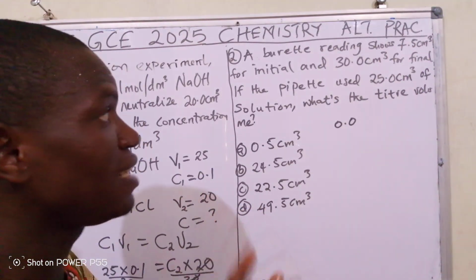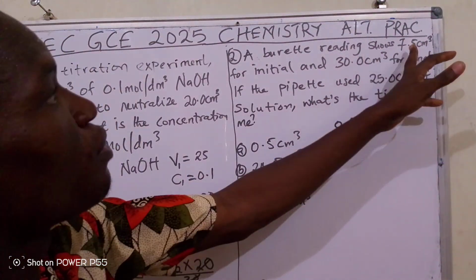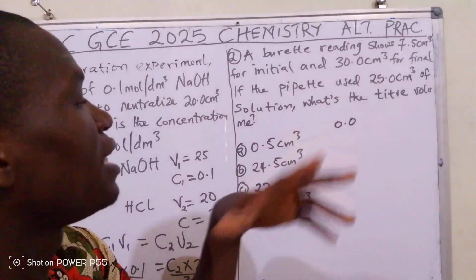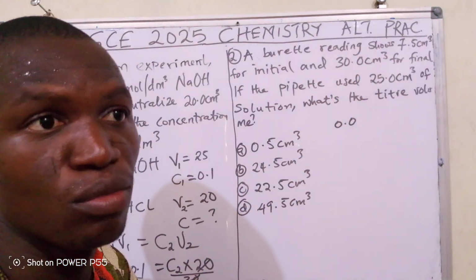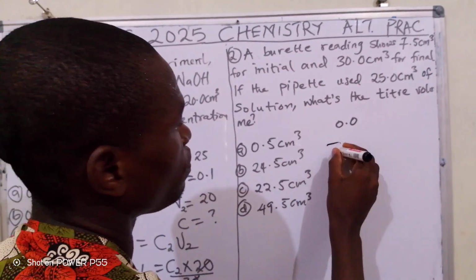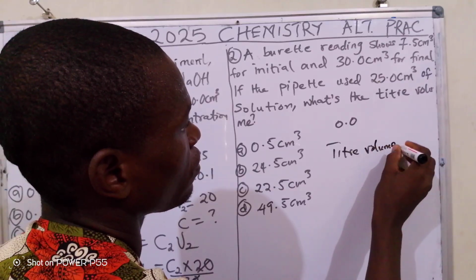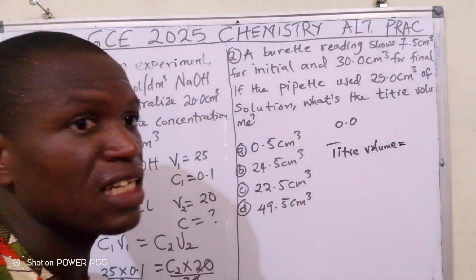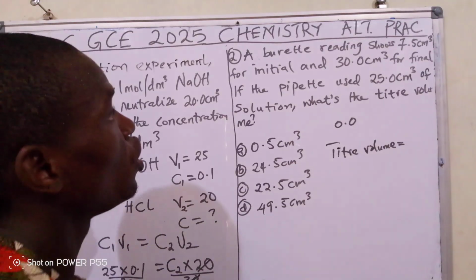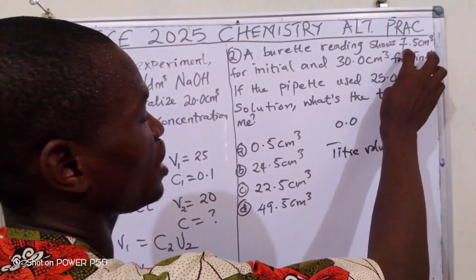So what is the titrant? What is the average volume? What's the volume used if you start from 7.5 to 30 and the pipette used 25 cm cube? So what you are expected to do here is that titrant volume is always equal to the final volume minus the initial volume.